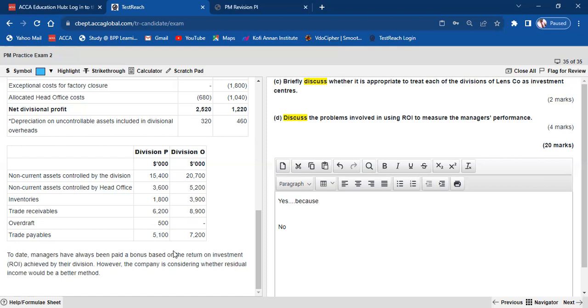ROI normally leads to non-goal congruent, that's dysfunctional, decisions, whereby a project whose ROI is bigger than the cost of capital is likely to be rejected by the divisional head only because it would dilute his or her existing ROI. So that's dysfunctional decision-making, and ROI normally leads to that.